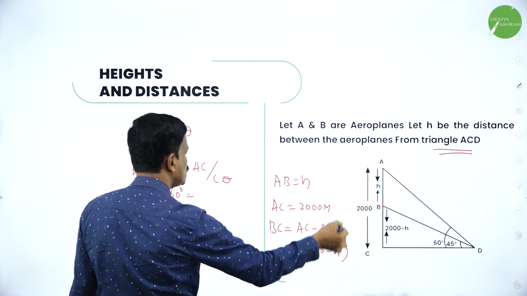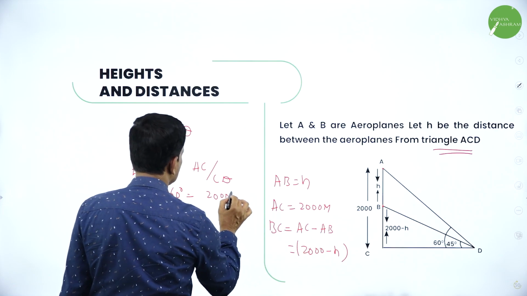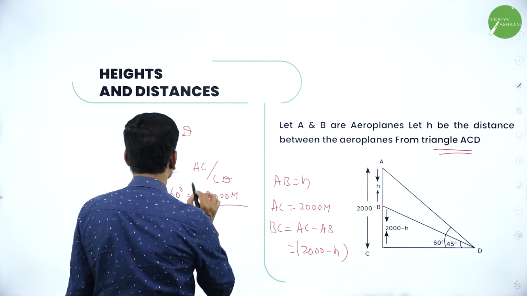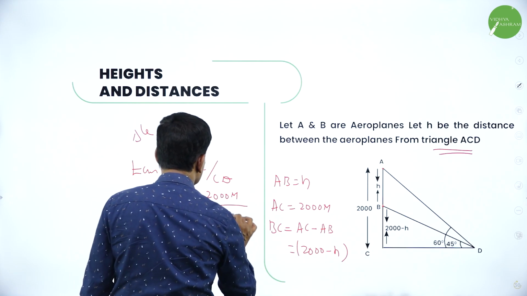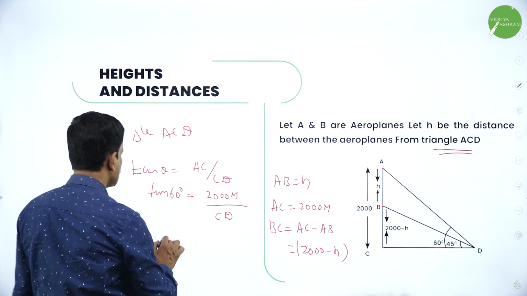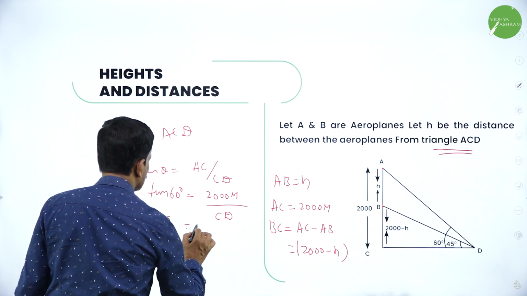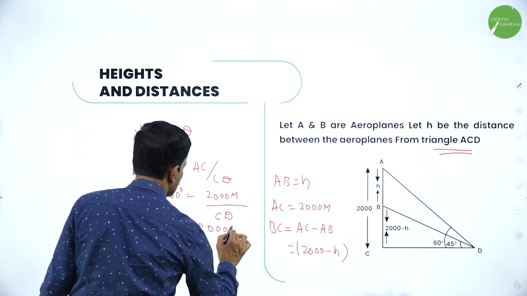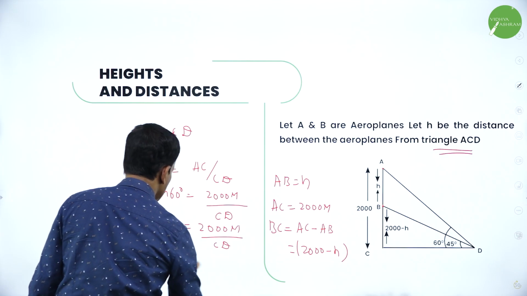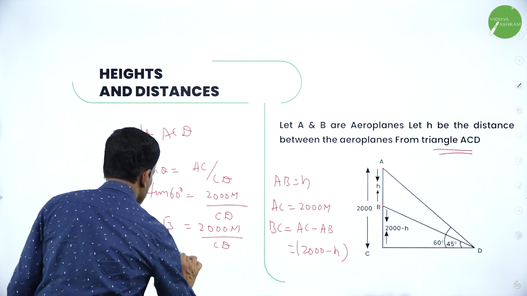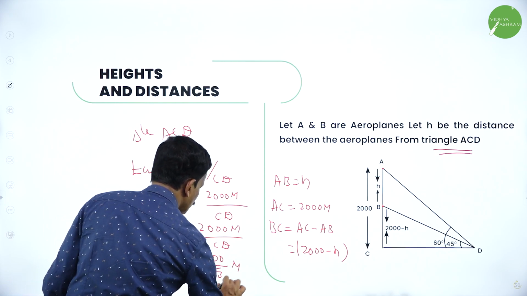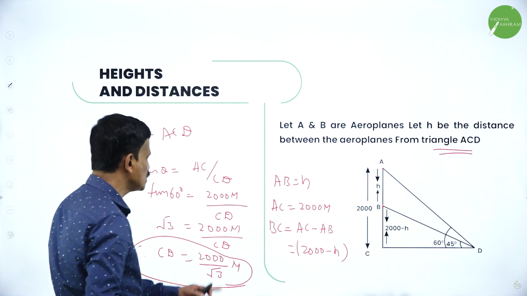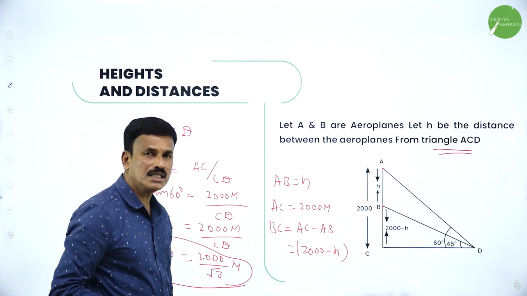So AC is equal to 2000 meters divided by CD. Let us keep CD as it is. What is tan 60? Tan 60 is equal to root 3. Root 3 is equal to 2000 meters divided by CD. Cross multiply it. Therefore CD is equal to 2000 divided by root 3 meters. So the value of CD is equal to 2000 by root 3 meters.